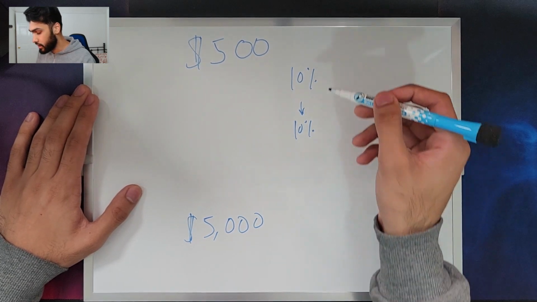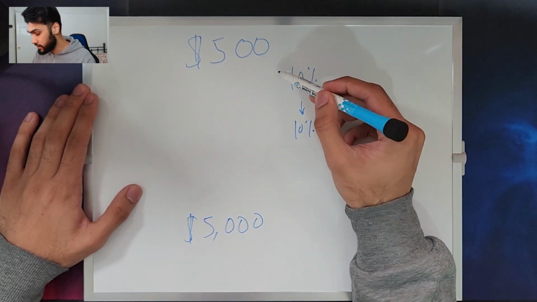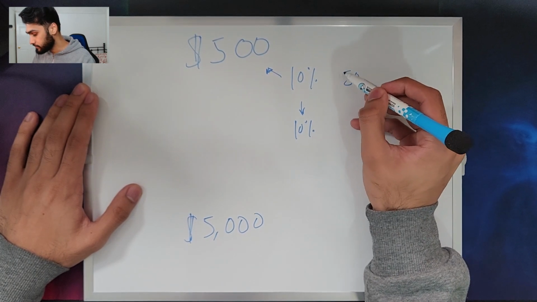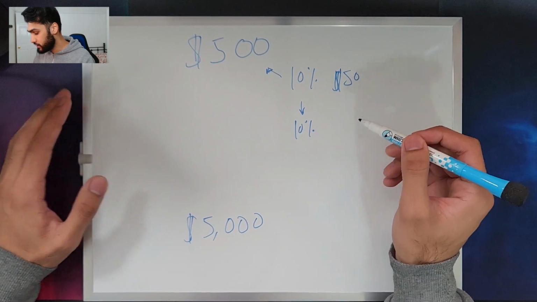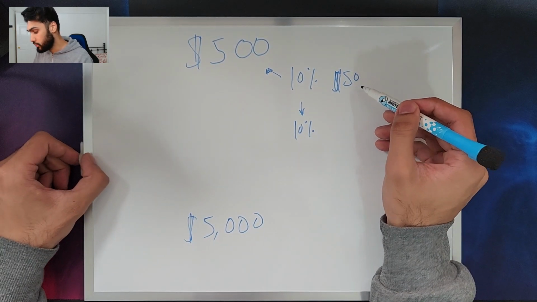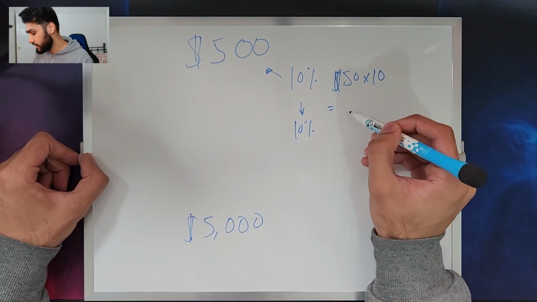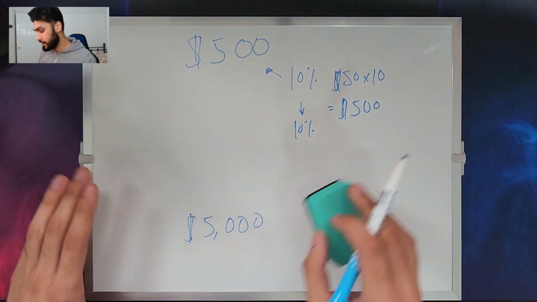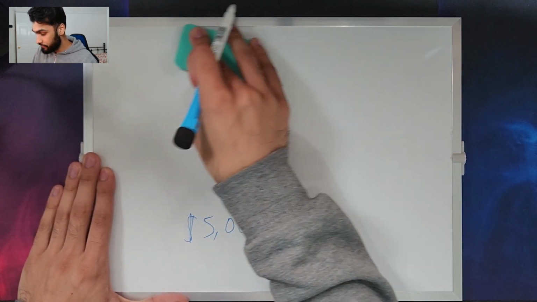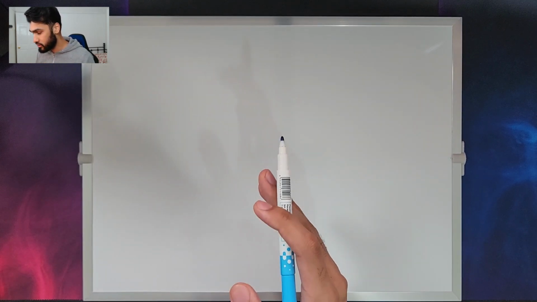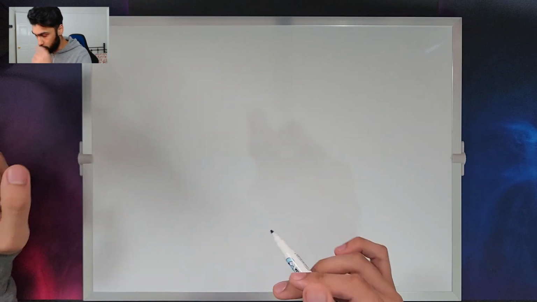Now, yes, you can do that, but if you're risking 10% of this account balance, it will only take you 10 trades to blow that entire account, because risking $50, all it will take is 10 trades, and then you've lost an entire $500. So again, it is a bit risky, and the risk management strategy which I'll be showing you guys now is the best strategy to be using when you're flipping accounts.